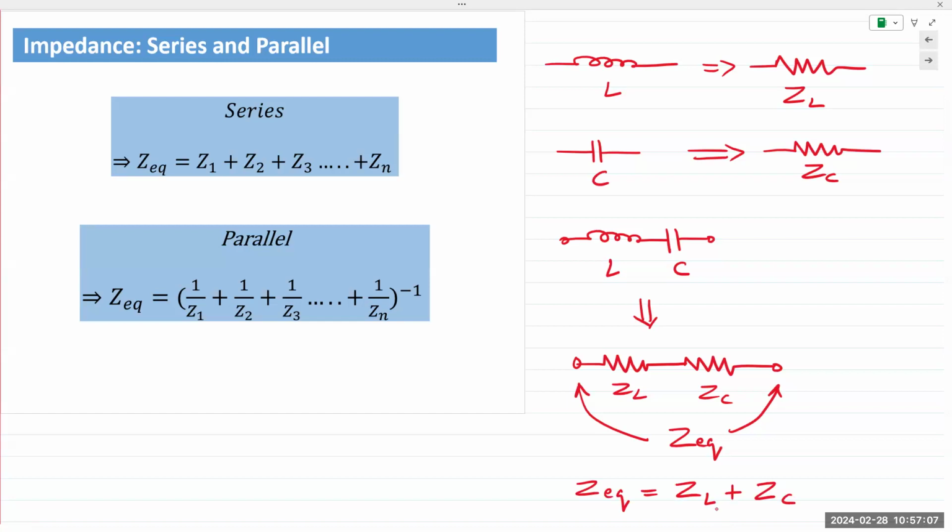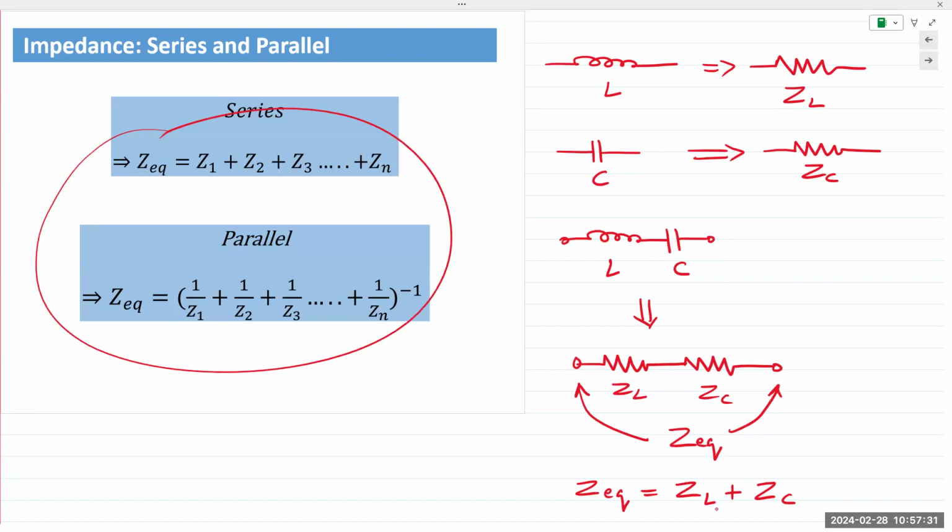Again, take note of the fact that we are not combining the inductor or the capacitor. We are combining the impedance of the inductor and the capacitor. Okay, so ZL plus ZC is the ZEQ. We are not talking about L and C, but ZL and ZC. It's an important distinction.